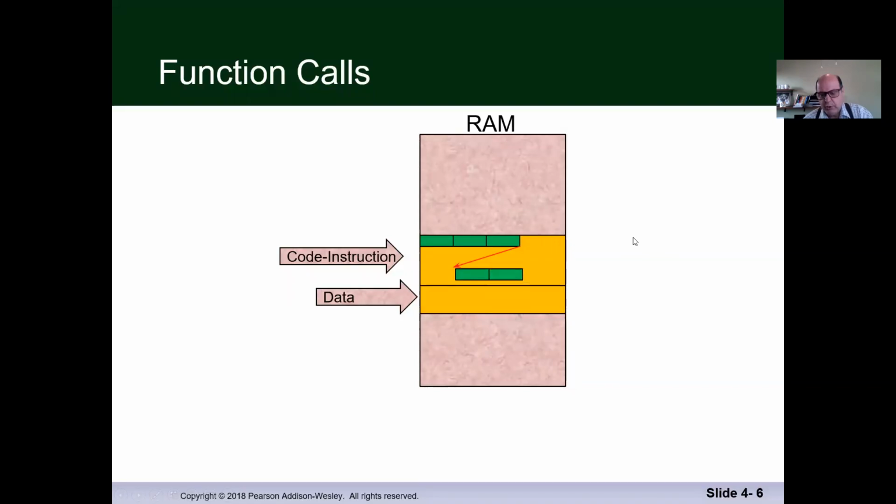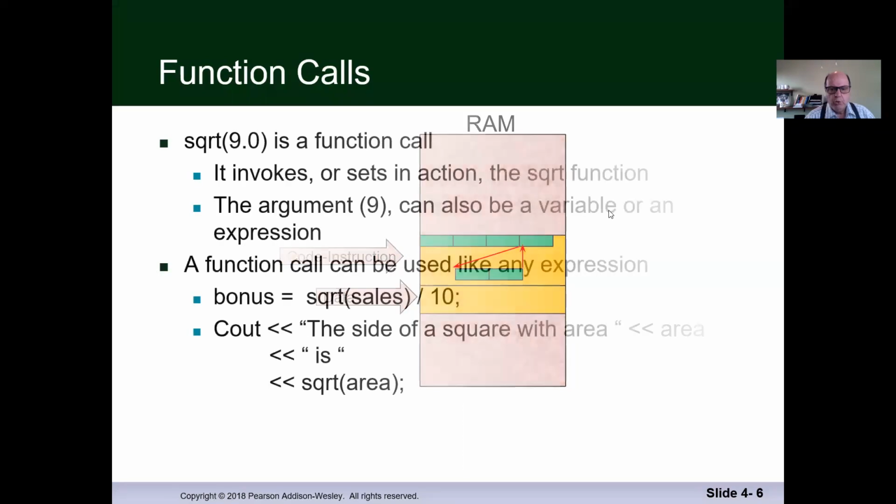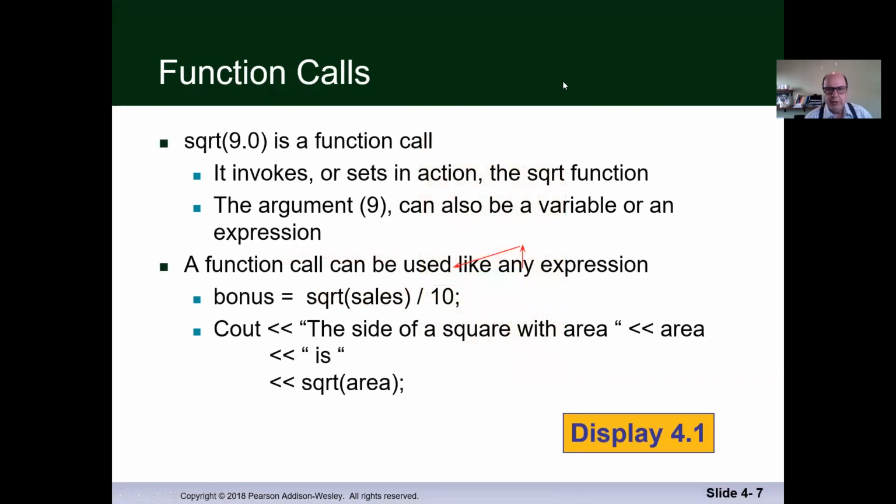It's going to execute all the code for the function, then it's going to come back to the same place that it left, pick it up from there, and move on to execute more instructions. So that's what's happening in the memory. I just want to mention it. I'm not going to ask you for a test or anything like that, just to have something in your mind about how this works.